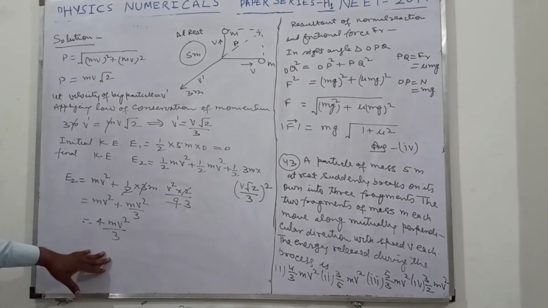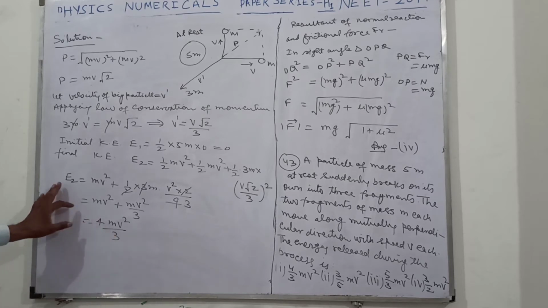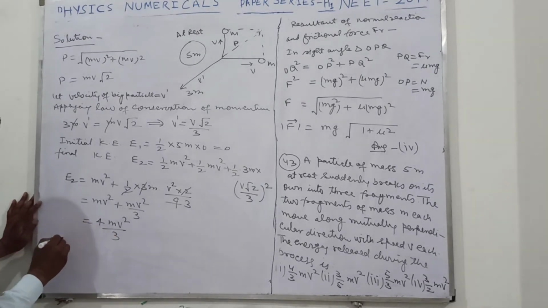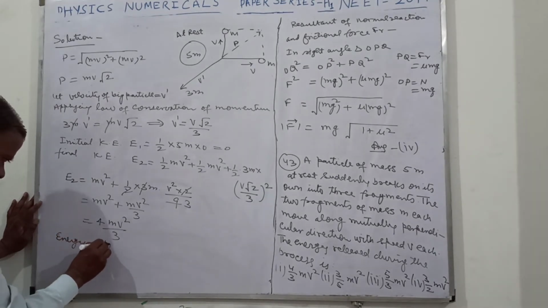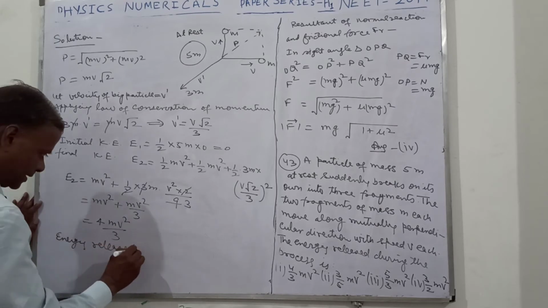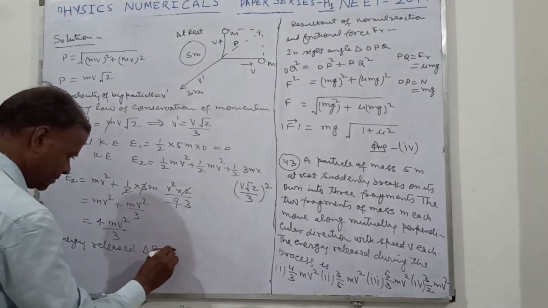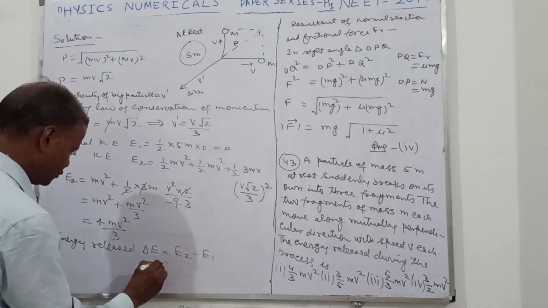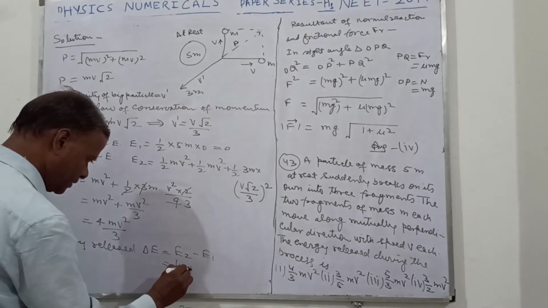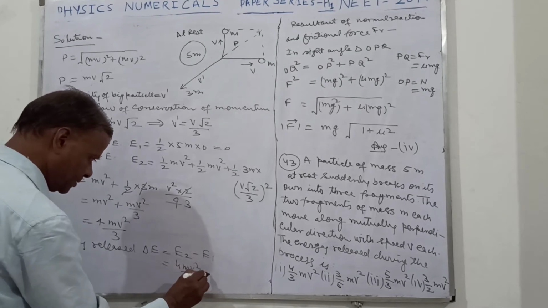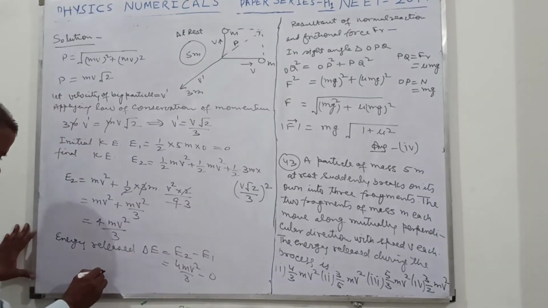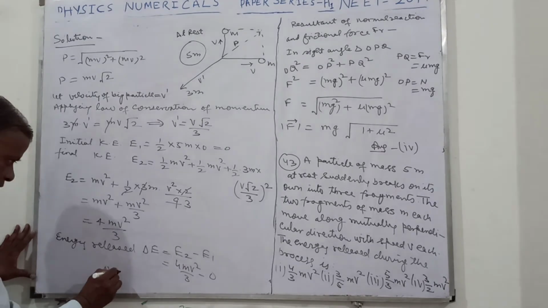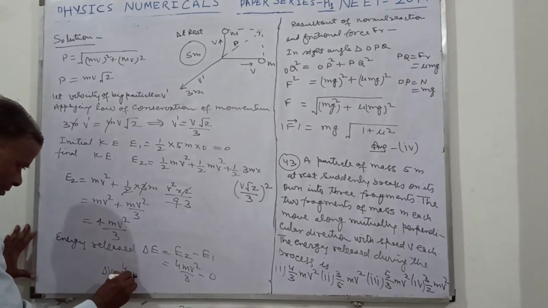It means that the energy released, delta E, is equal to E2 minus E1, which is 4mv square upon 3 minus 0, so delta E equals 4 by 3 mv square.